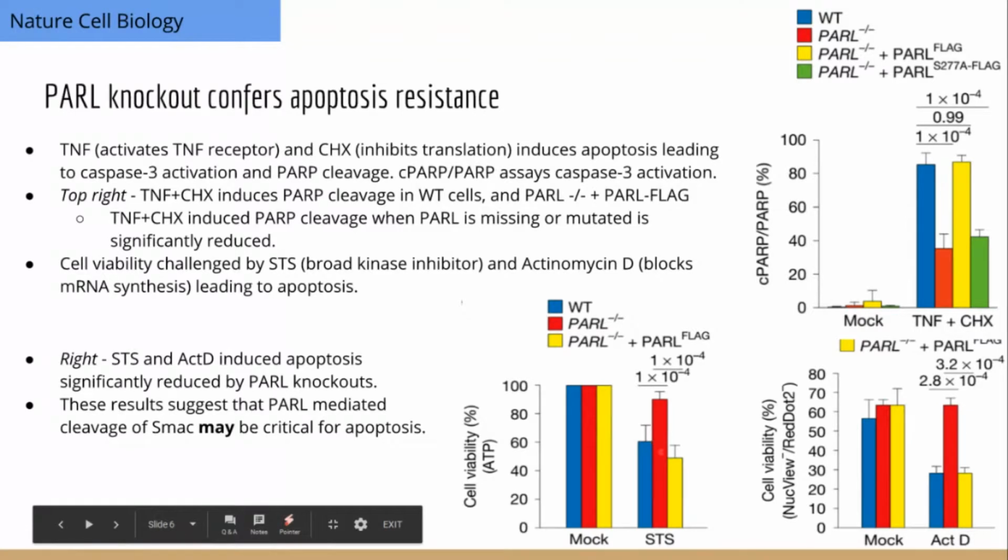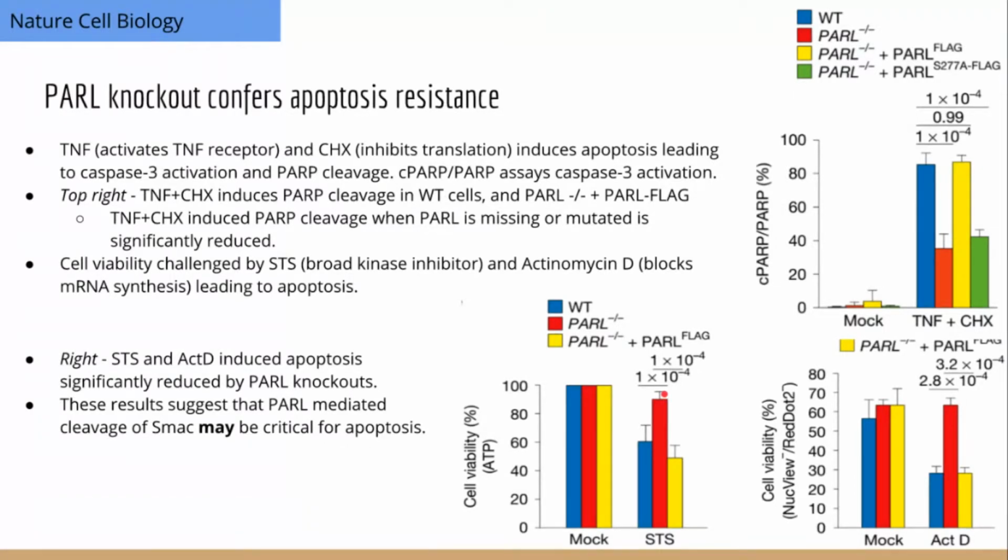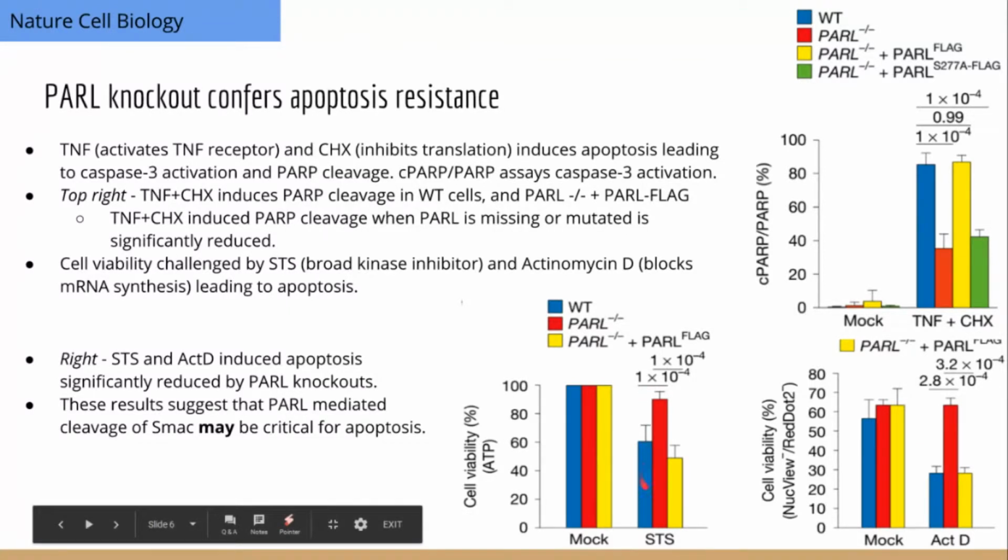So again, we see the same pattern here in the PARL knockouts, which is going to be red this time. When PARL is knocked out, we see an increase in cell viability as measured by ATP concentrations. And we see decreased cell viability when PARL is present, either flagged PARL in yellow or wild type PARL in blue.